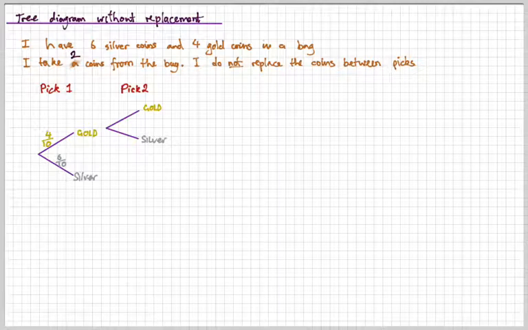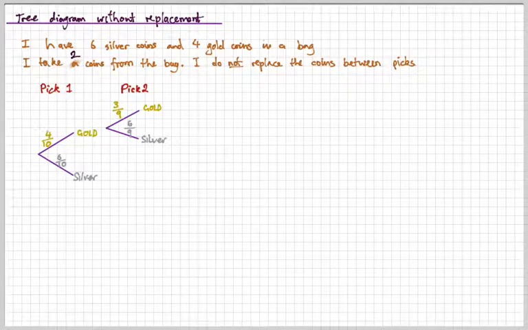Of those 9 coins, 3 of them are gold. So on the second pick, the probability of picking a gold coin is now 3/9. Pause the video now if you're happy with that, and write down the probability for picking a silver on the second pick, having picked a gold. So the probability is, well, there are 9 coins available and 6 are silver, so it's 6/9.